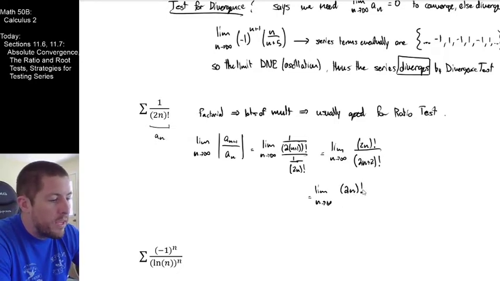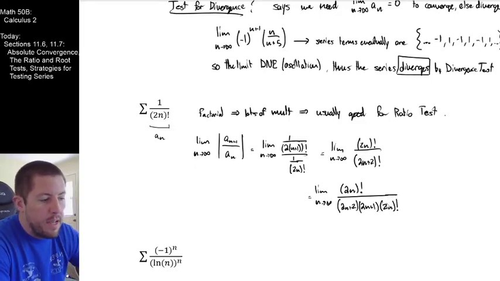I know that if we're looking at 2n plus 2 factorial, that's like saying multiply 2n plus 2 times 2n plus 1 times 2n times 2n minus 1 all the way down to 1, right? So this is my way of expanding what's on the bottom, and maybe I'll even put that 2n factorial in an additional parenthesis right there.